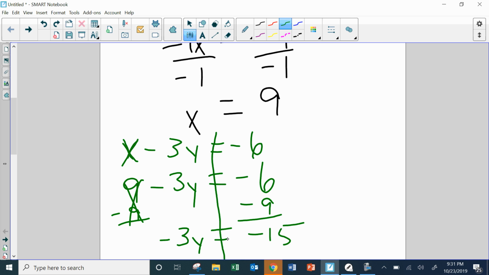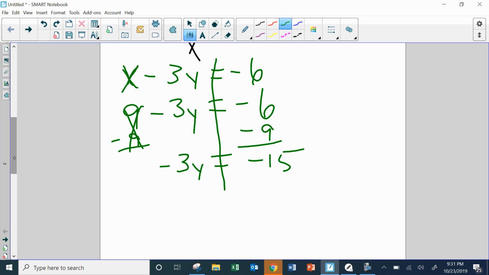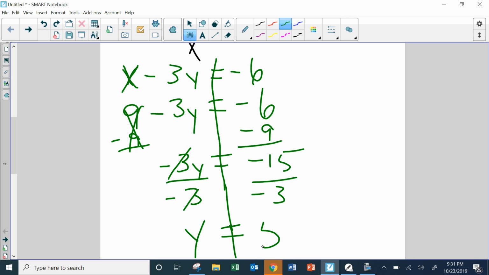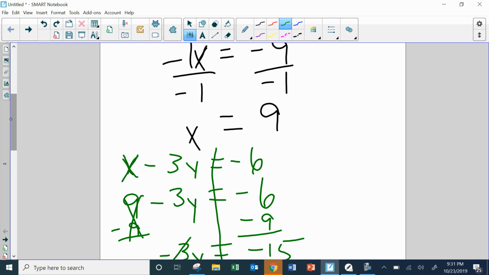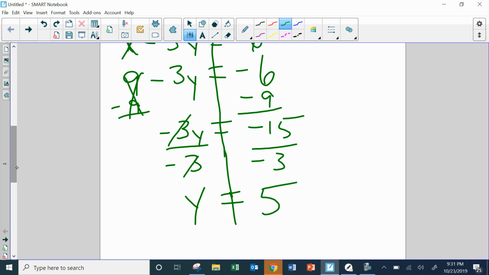So I get negative 3y equals negative 15. My last step is I divide by negative 3. Don't forget the negative sign. If I divide that by negative 3, I got to divide this by negative 3. I got to do it on both sides. That divides out to 1, leaves me with just y. Y equals positive 5. So my solution was 9, 5.